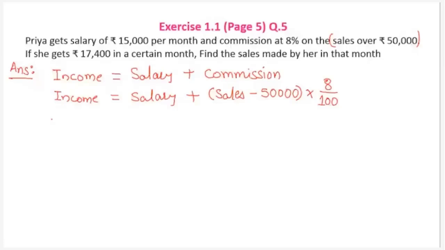So let that word sales be as it is, or you can make it as X. I will make it as X. Let sales be X. You may write the sentence at the top, or at the third point, no problem in that.